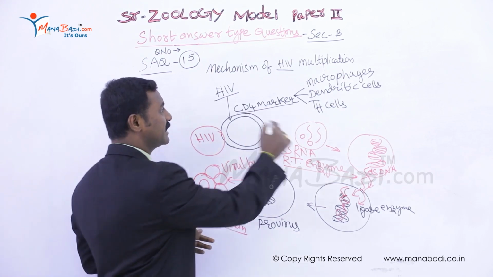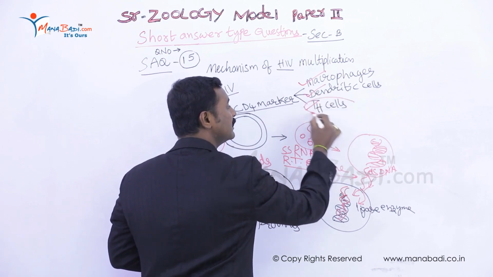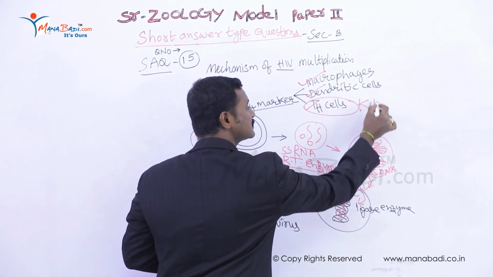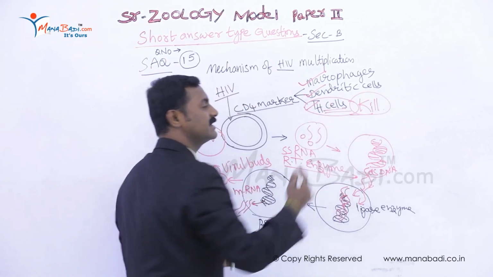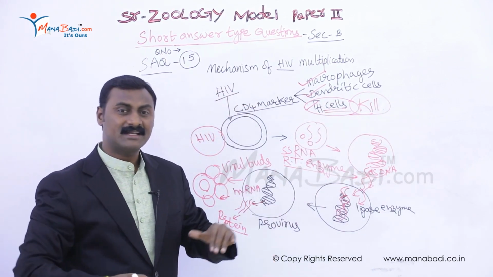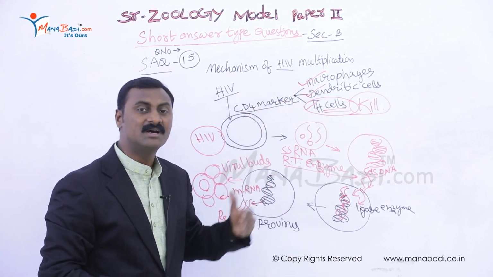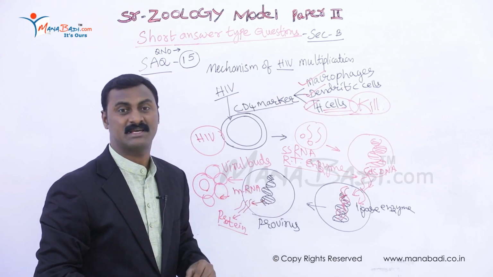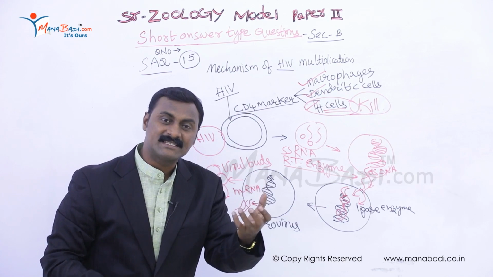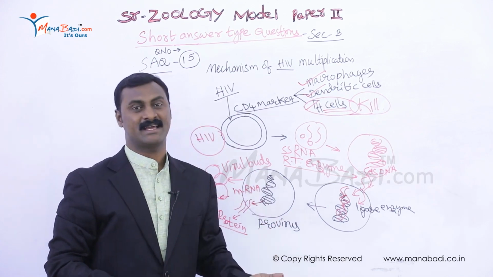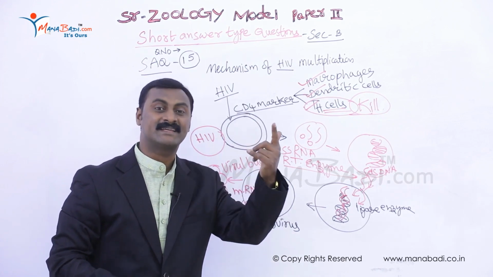It attacks macrophages, it attacks dendritic cells, and it kills. Particularly it will kill the TH cell. In the TH cell this process is not happening, but in the remaining cells we can observe this type of synthesis of viral buds. Slowly, the TH cell number decreases and decreases, and the virus number in our body increases and increases.